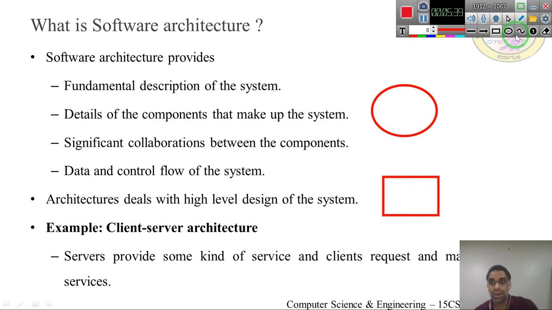This client would ask for a request from the server, and in turn the server would send you the response. So the client is making use of services provided by the server. This is how the client server architecture communicates.